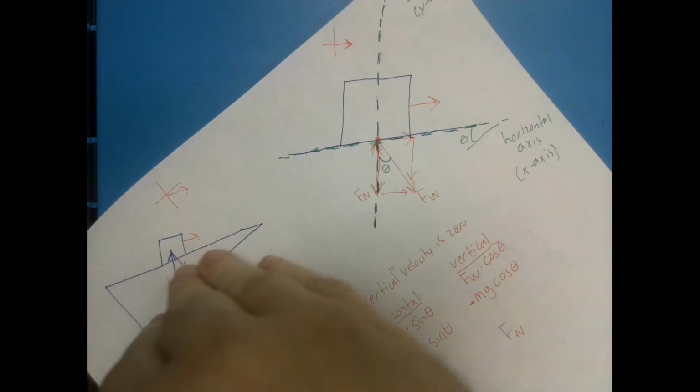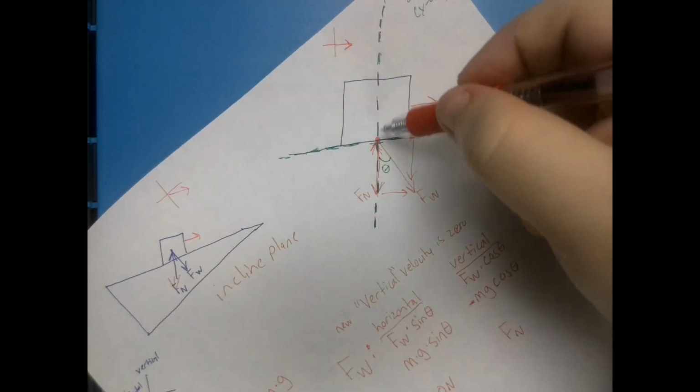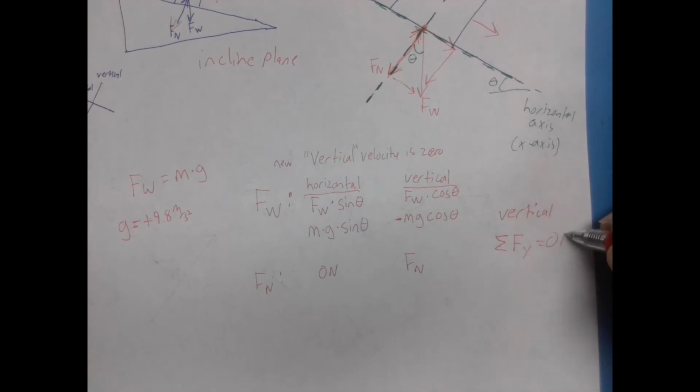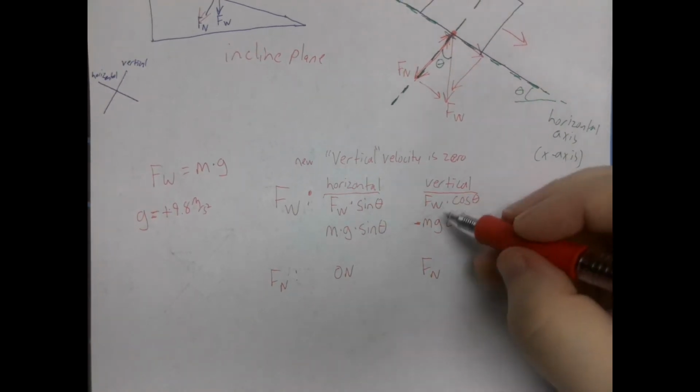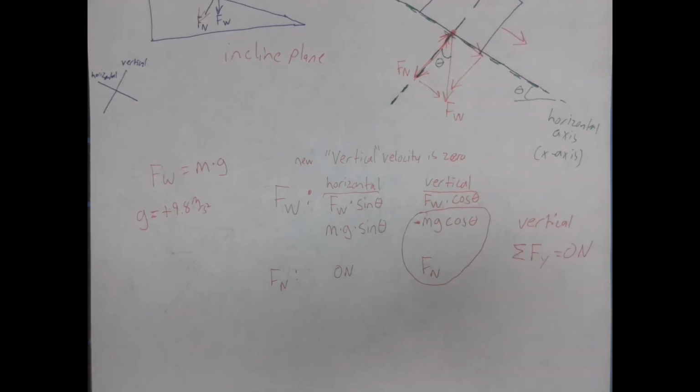And what we can see here is that it is not moving in the vertical direction. There is no acceleration into the slope, into the incline. This is called an inclined plane, because it's not going into the inside of the plane, it's only sliding down it. I know that in the vertical direction the sum of vertical forces has to equal 0. So that means these two must be equal.